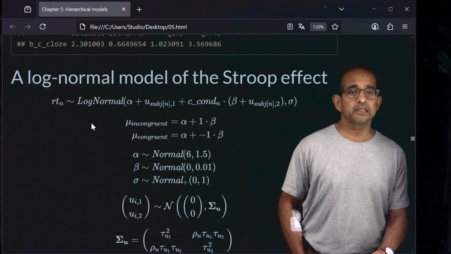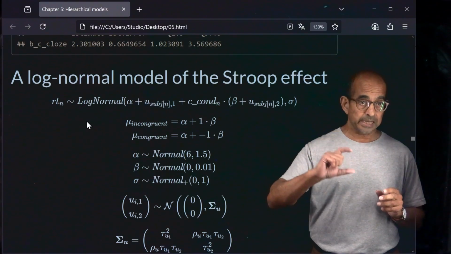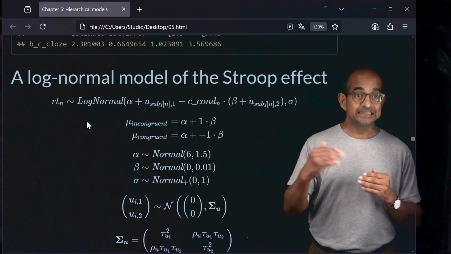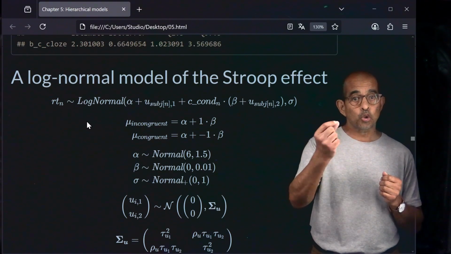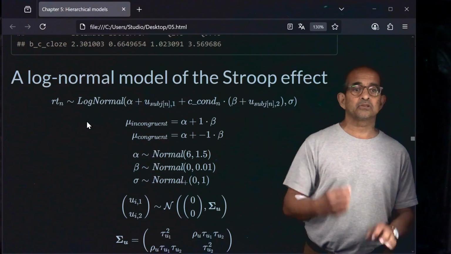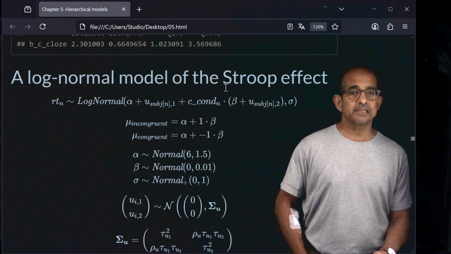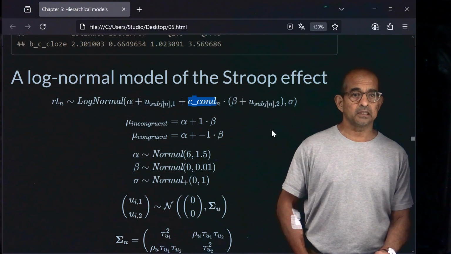What's different here, of course, is that our predictor, the two levels of the condition factor, congruent and incongruent, are categorical variables. So we're going to have to code them numerically so that we can represent the two levels in the linear mixed model, in the hierarchical model.